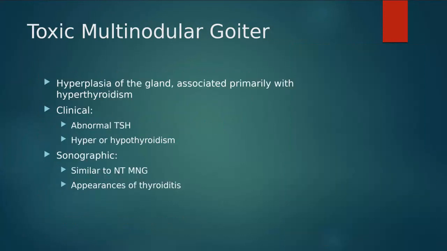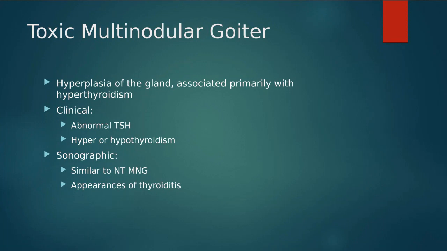So now let's move into our toxic multinodular goiter. So very similar to non-toxic multinodular goiter, this is going to be kind of the opposite of that. So it's going to be the hyperplasia of the gland, primarily associated with hyperthyroidism. So you have your abnormally high thyroid levels, and the tissue just keeps proliferating, and it keeps growing and growing and growing and growing, and it gets bigger and bigger and bigger.